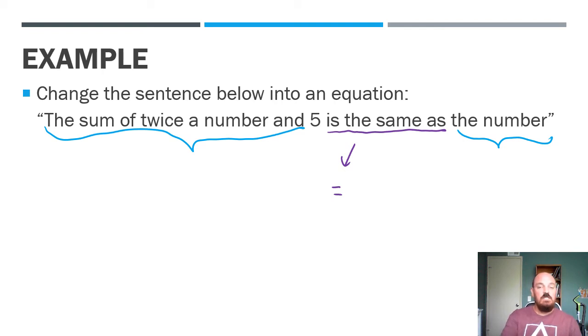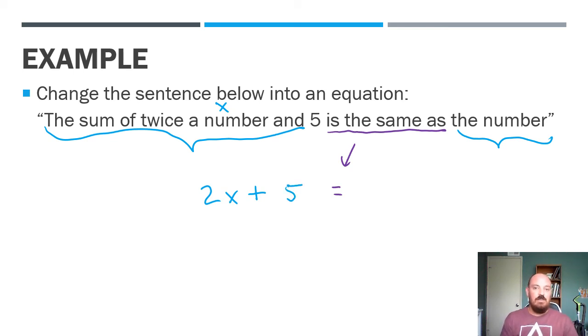Now we know sum means addition, and the sum of twice a number, twice means 2 times, and if it says a number, that's your variable. So I'm going to call a number x. Twice a number would be 2x. So we're doing the sum of twice a number, 2x, and 5. That would be 2x plus 5.